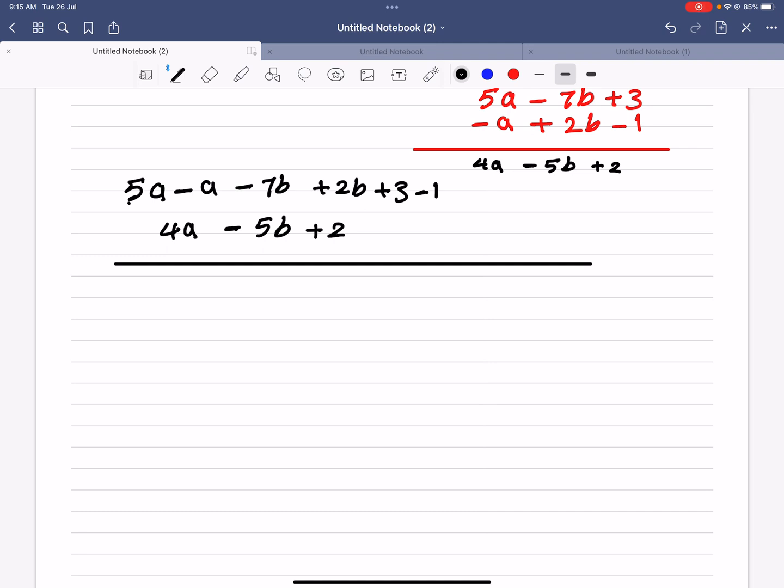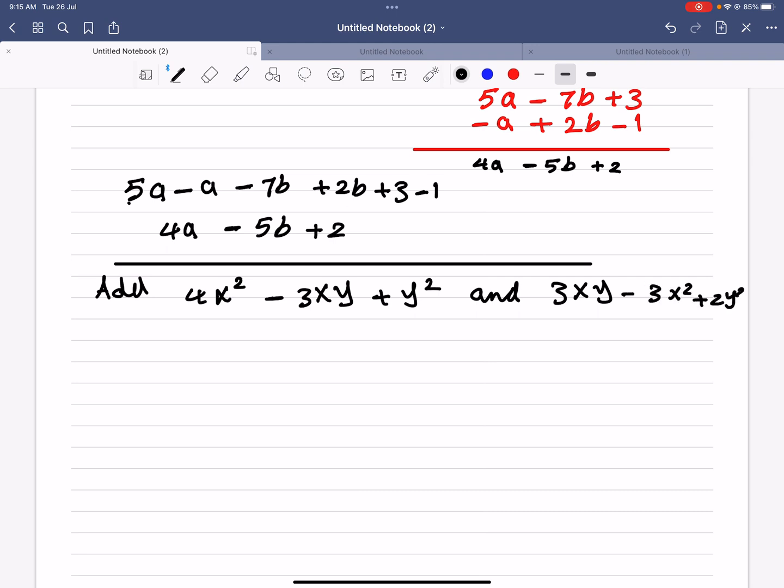Here it says add 4x power 2 minus 3xy plus y power 2, which is the first polynomial, and 3xy negative 3x power 2 positive 2y power 2.